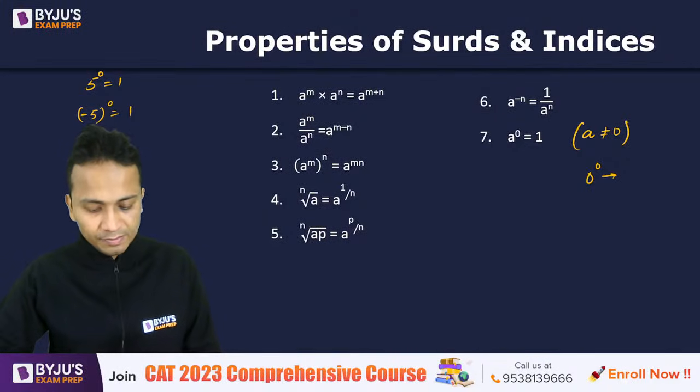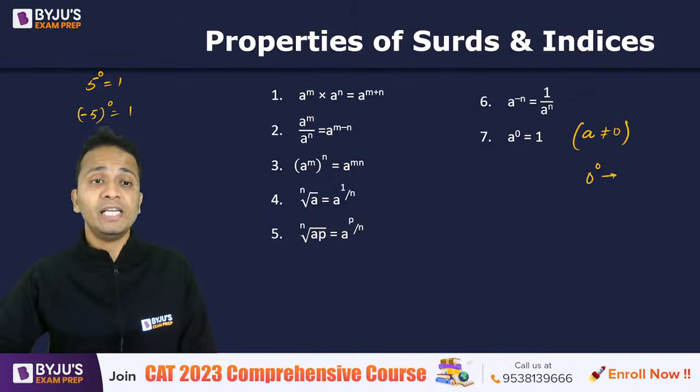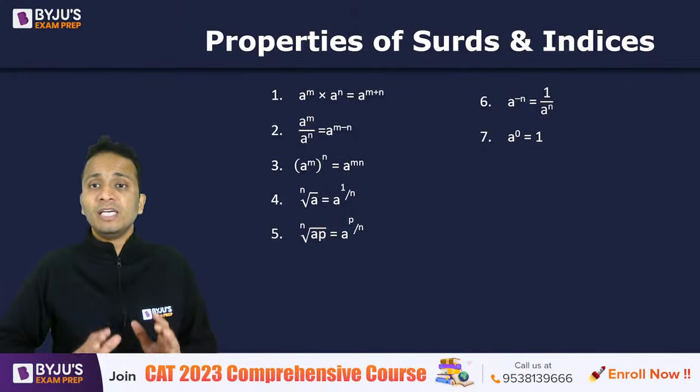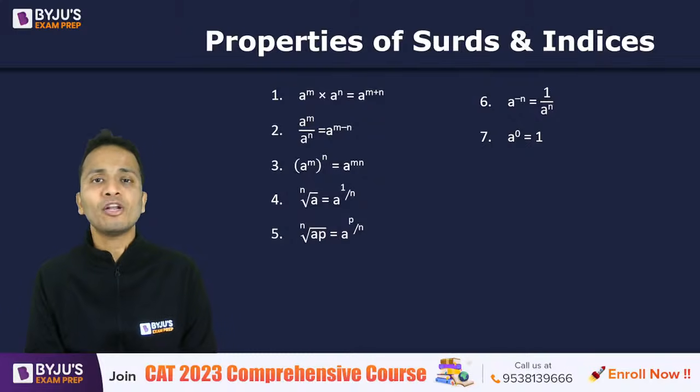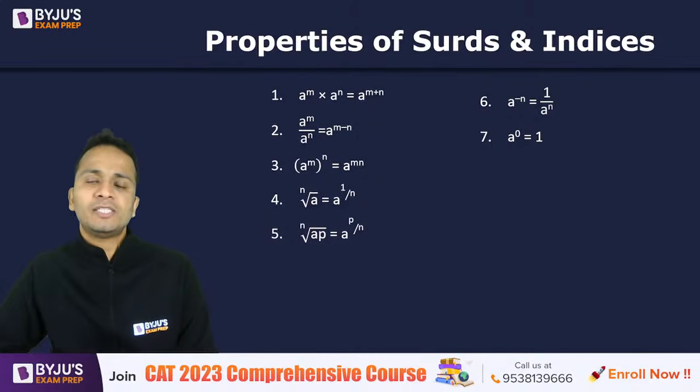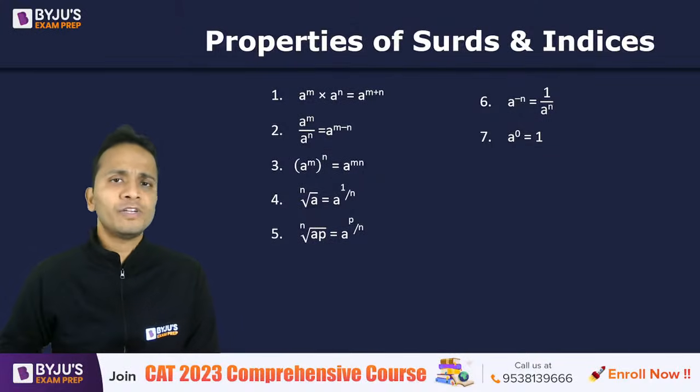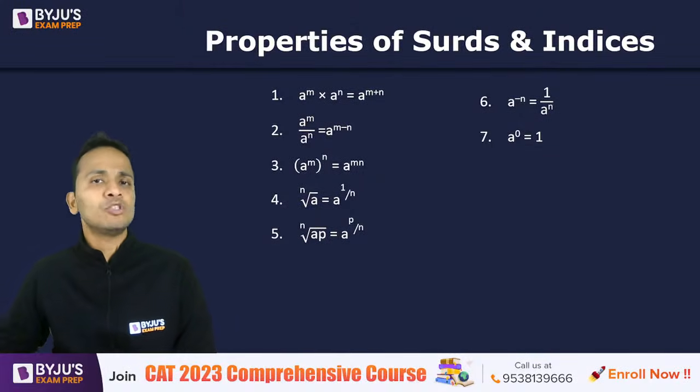Okay. Sir, surds and indices also help in algebra. Definitely, Vivek, definitely. Algebra, which is one of the most difficult branches of mathematics, of quantitative, surds and indices is a part of algebra. We generally study surds and indices in algebra only. And in most of the questions of algebra, you'll have to deal with the higher powers of the numbers.